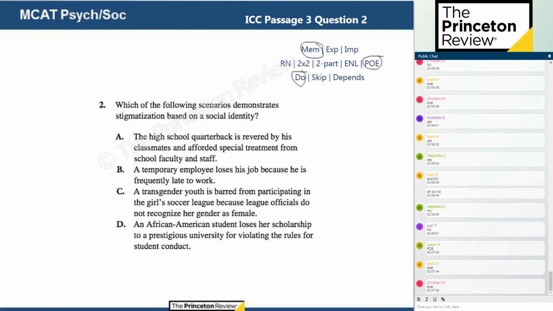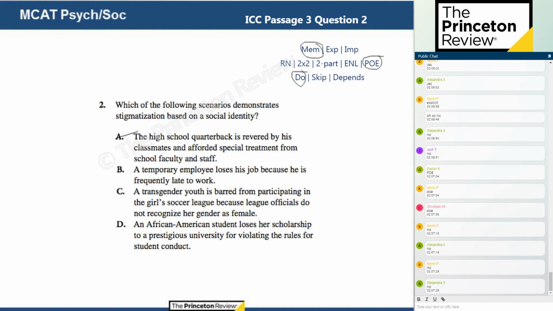So is a high school quarterback being revered by his classmates? Is that stigmatization? No. Is a temporary employee losing job because he's frequently late to work? Is that stigmatization? Nope.